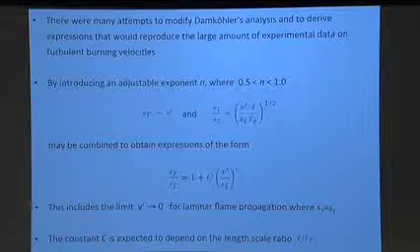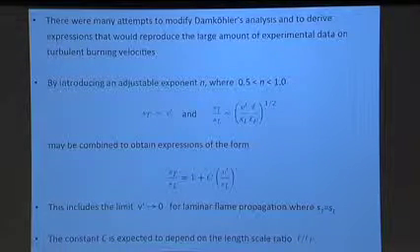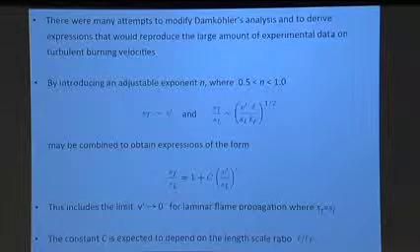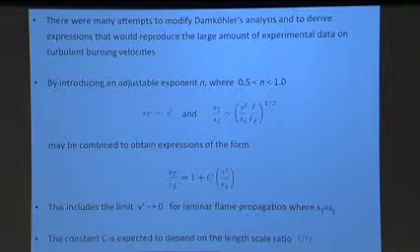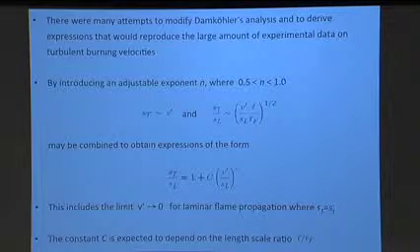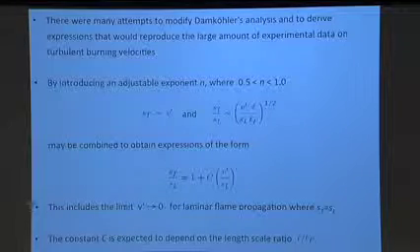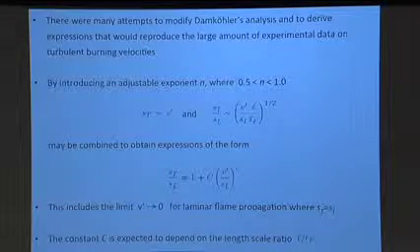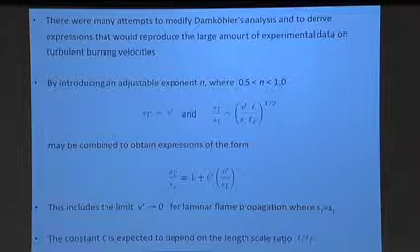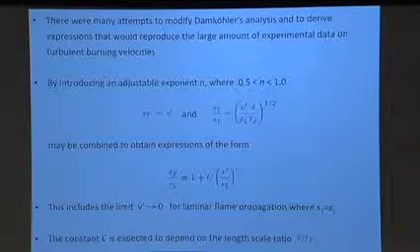So we can interpret the model we looked at yesterday, based on the flame surface density and so on, as a model that should be valid only for the corrugated flamelet regime, or what Damköhler calls the large-scale turbulence regime, not for the small-scale.